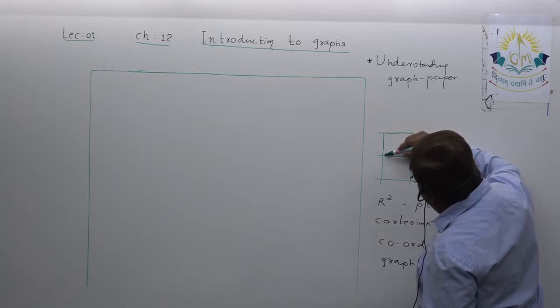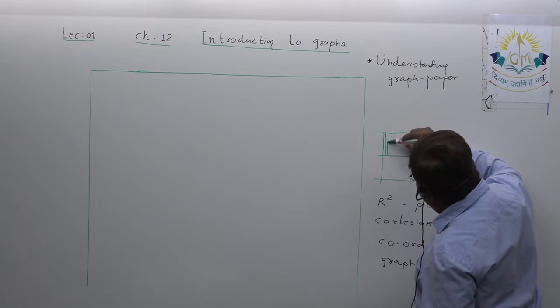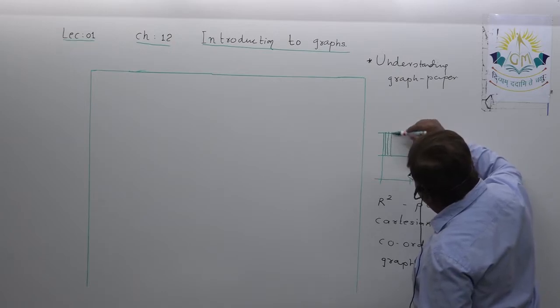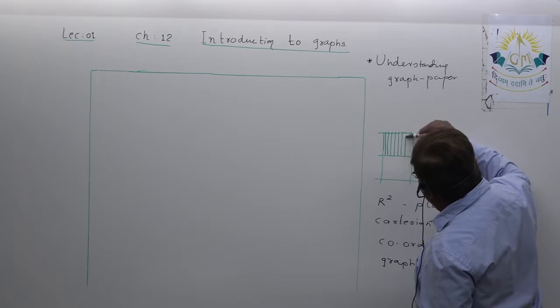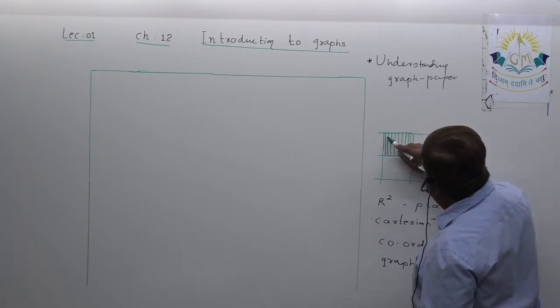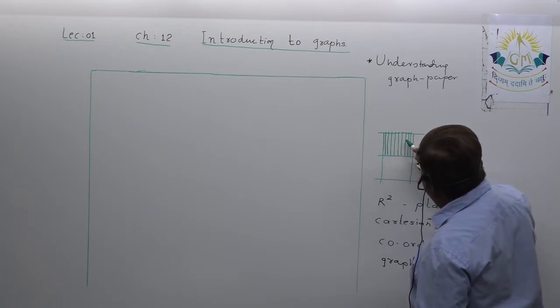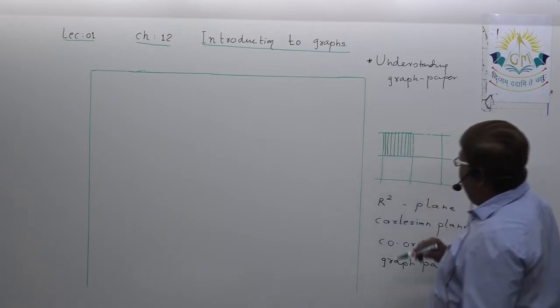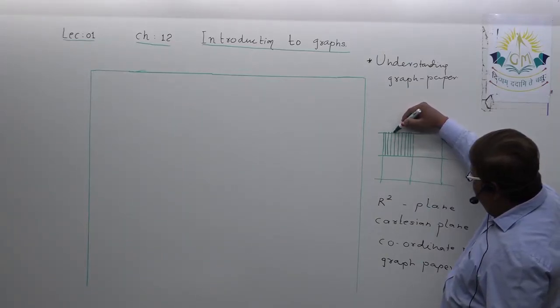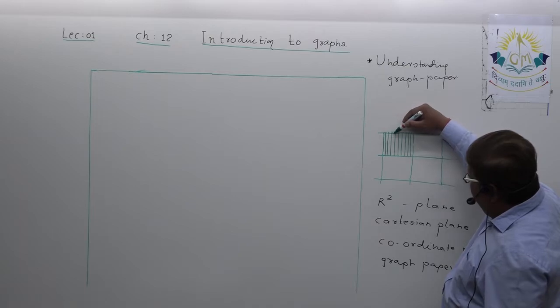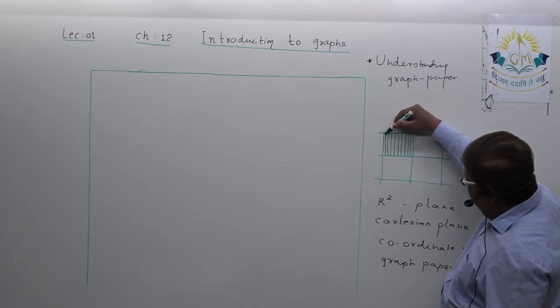I am trying to just show you some slim lines. Inside every box there are such lines, see, which divide the region of the box into 10 parts.